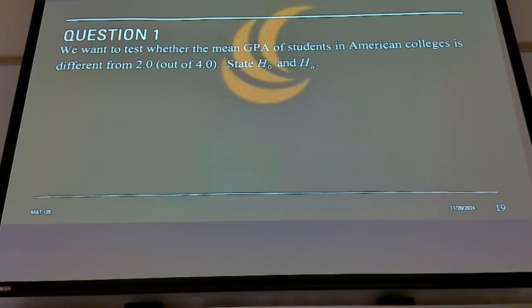We want to test whether the mean GPA of students in American colleges is different from 2.0. All we want to do here is state H naught and HA.